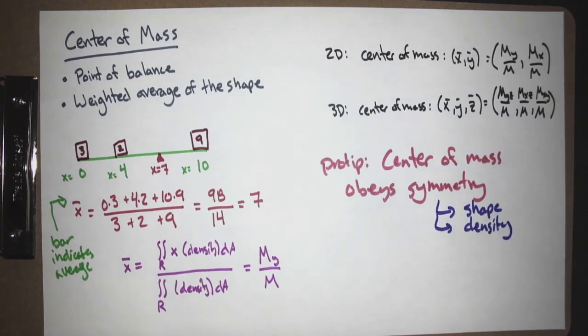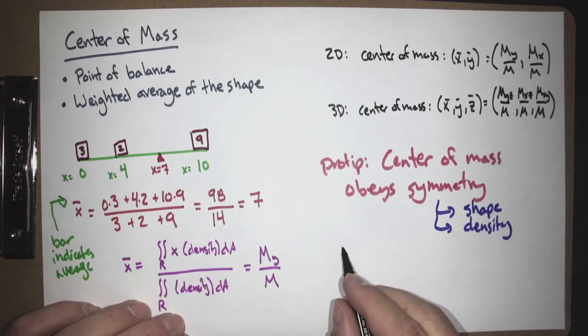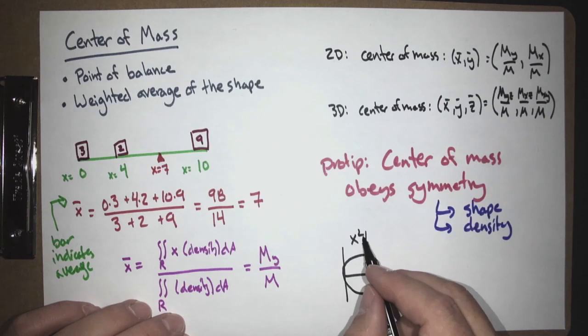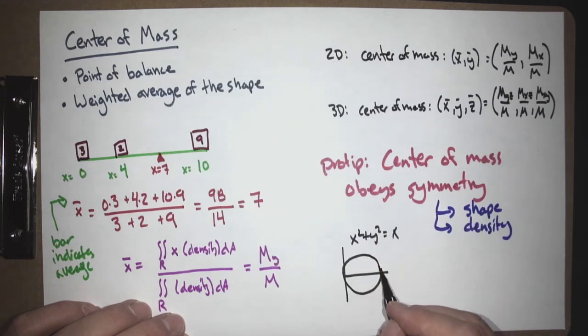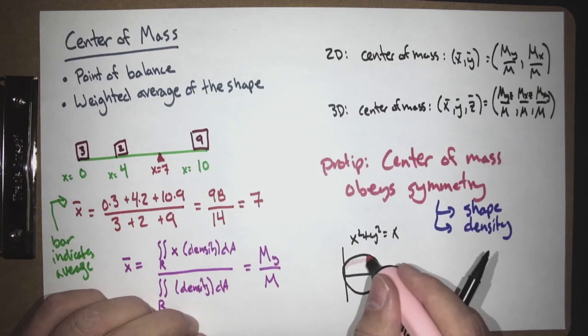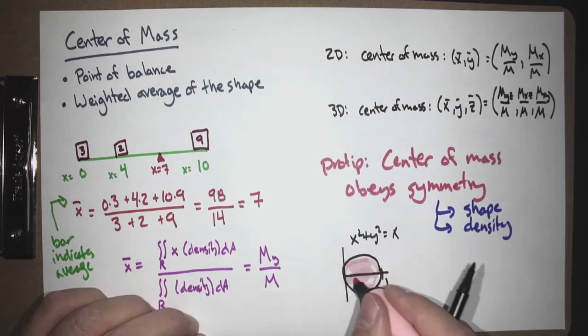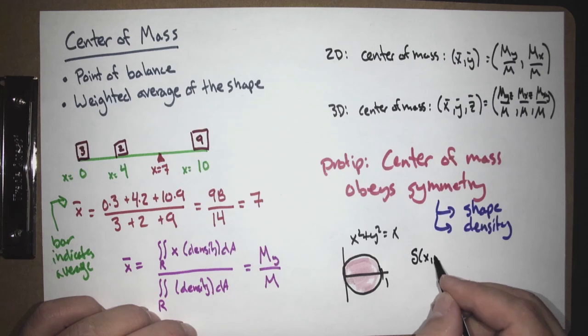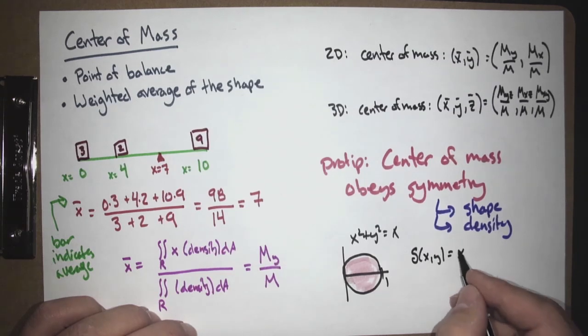So, let's suppose we had something like the following. Here we have a circle. Let's say this is x squared plus y squared equals x. So this is the point 1. And we'll fill it in a circle here. And now I tell you that the density is x.